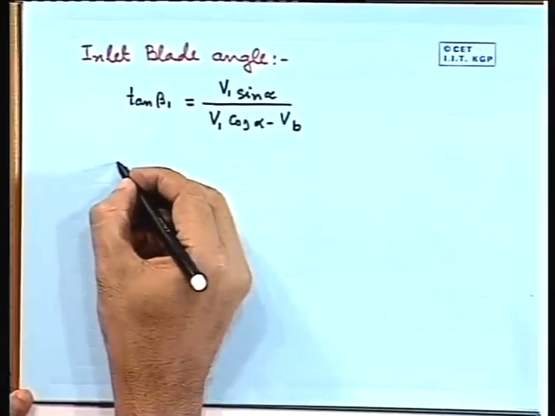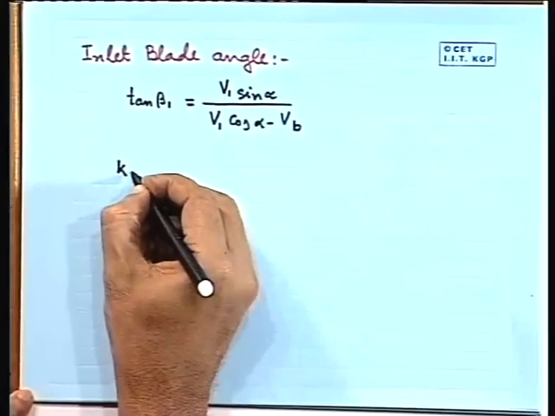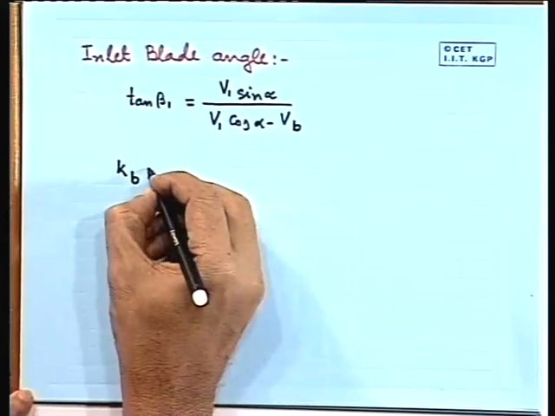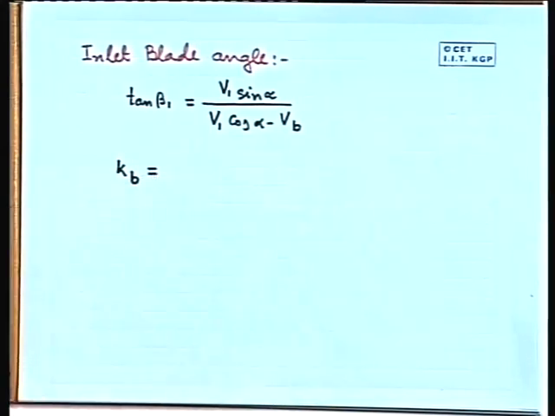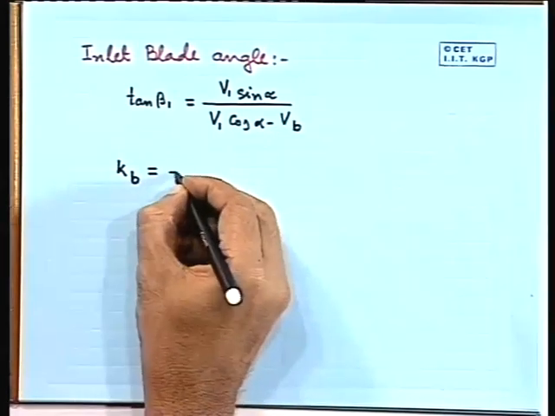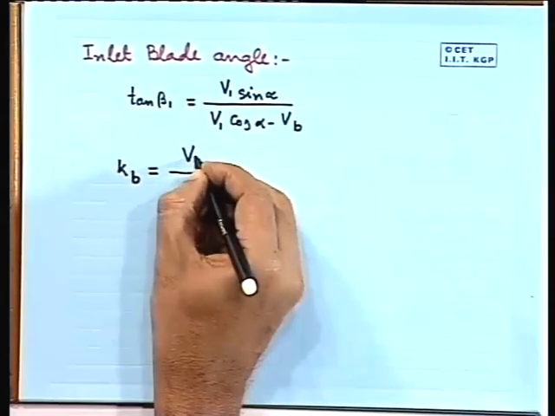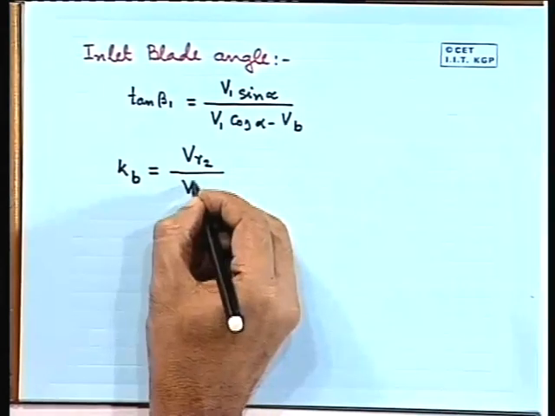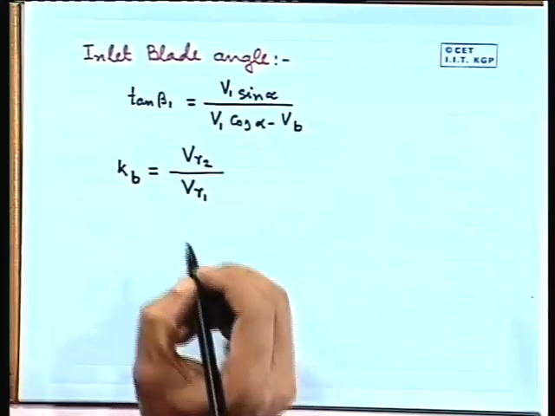Then we define another quantity, Kb. This Kb is defined as Vr2 divided by Vr1.